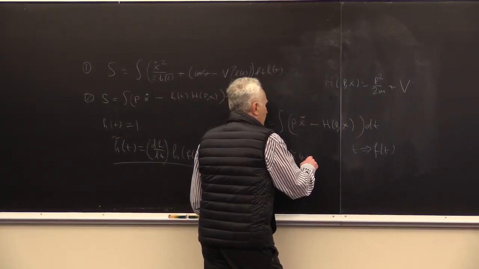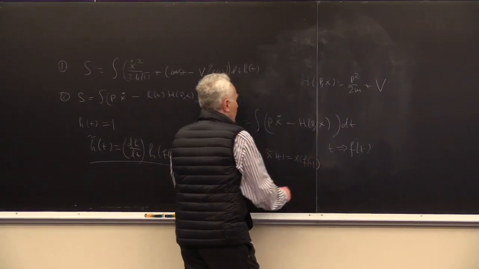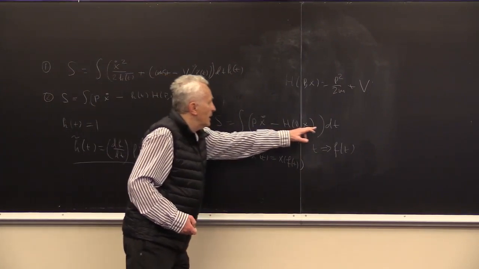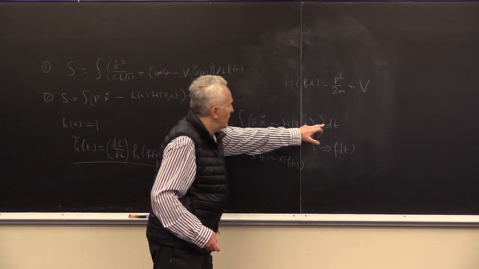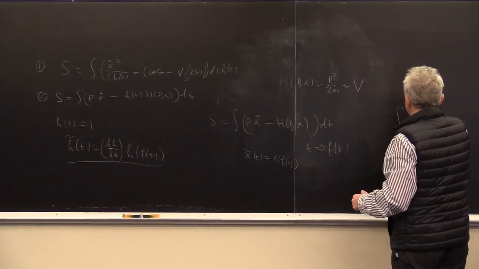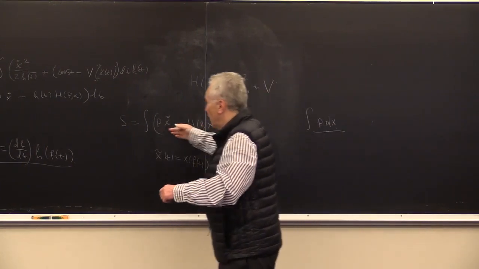So we write down x of t, x of f of t, and correspondingly for p. But it's obvious by counting dt. You have dt in the denominator here. It cancels this dt, which basically means that you can write this integral as integral p dx without time at all.